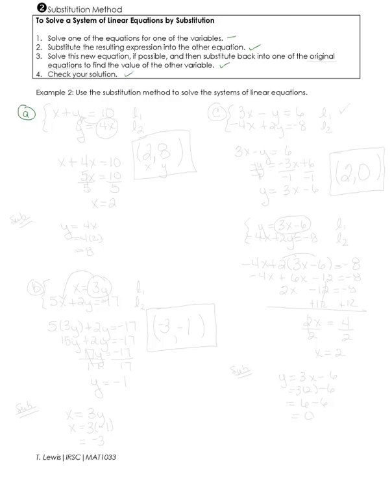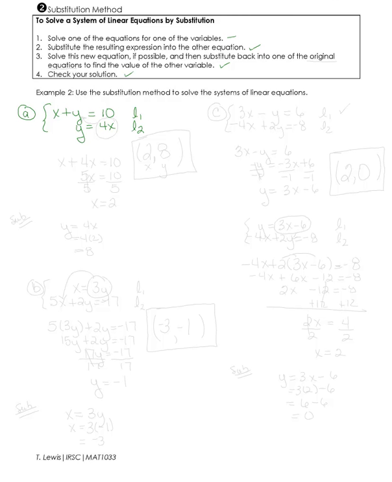So our first example, we have x plus y is equal to 10. That's our first equation, and then we have y is equal to 4x. So when we're saying substitution method, what you want to do is look for an equation where one of the variables is solved for by itself on one side.